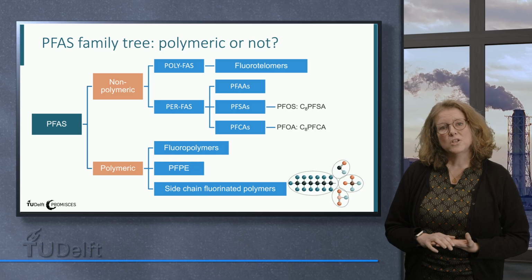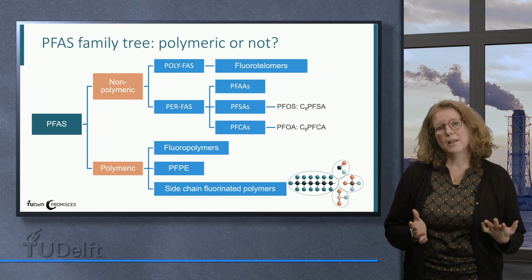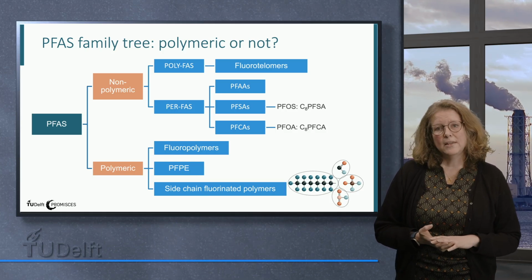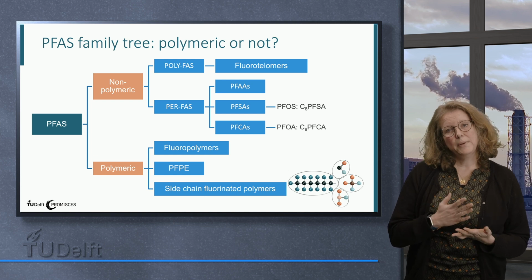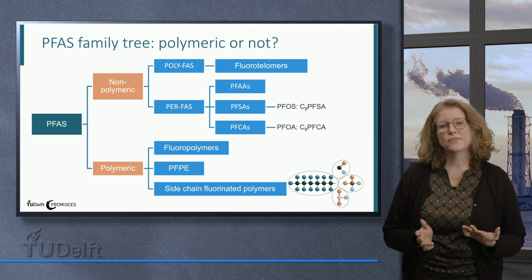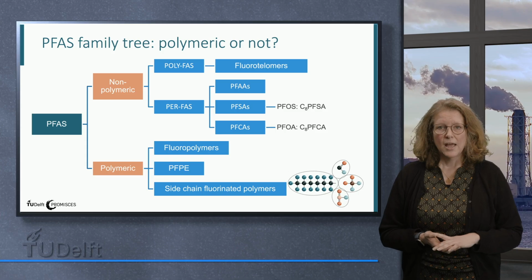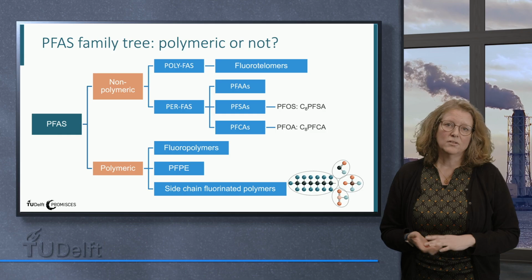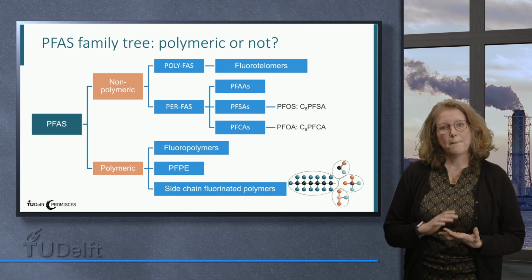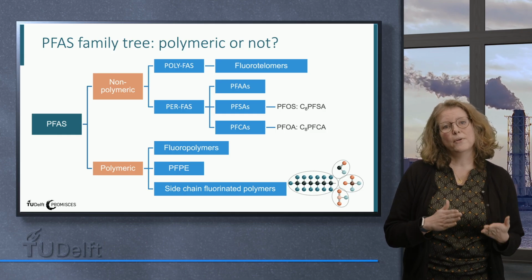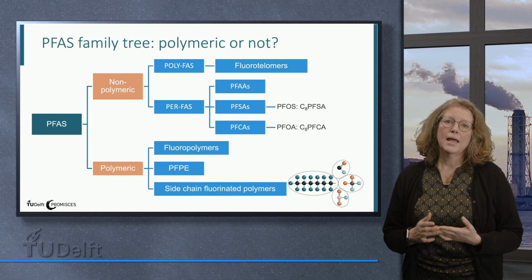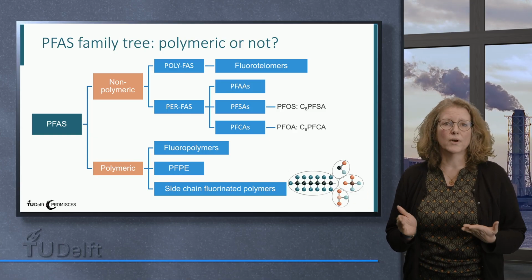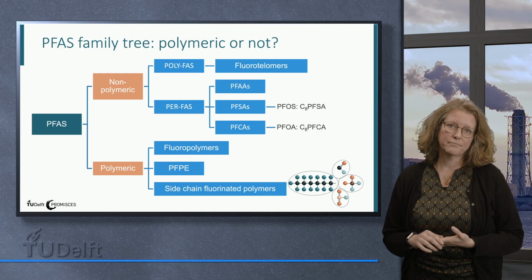From this tree, which is by no means complete but merely a brief overview, we see the abbreviations starting with the letters PF. That helps you identify a chemical as a PFAS. The final A indicates that we are dealing with acids, and the letter before that shows the head group. PFPA stands for perfluorophosphonic acid and PFSA for perfluoro sulfonic acids.